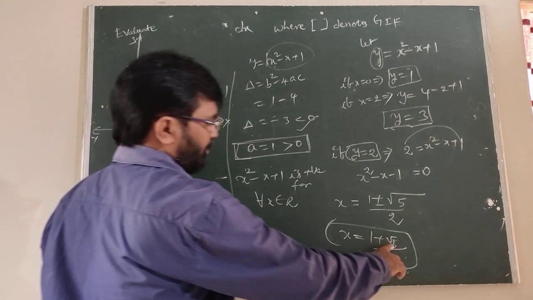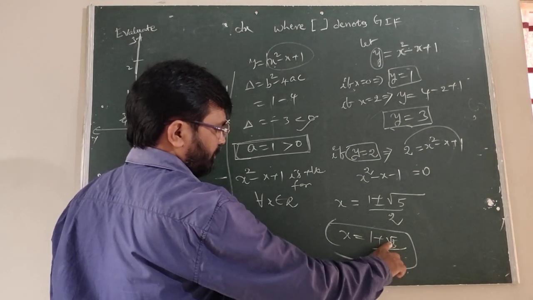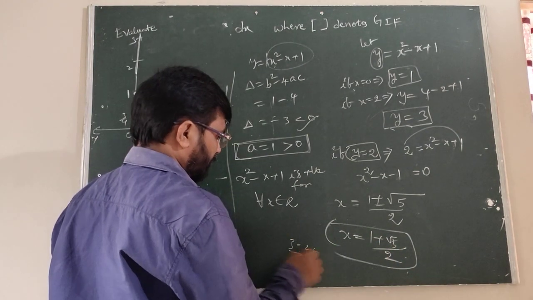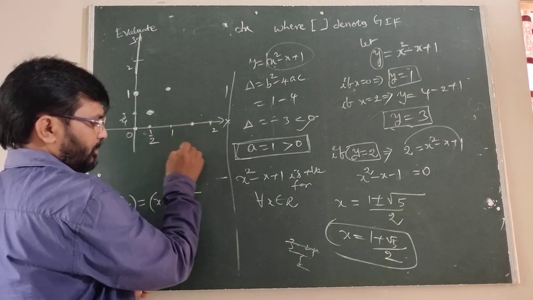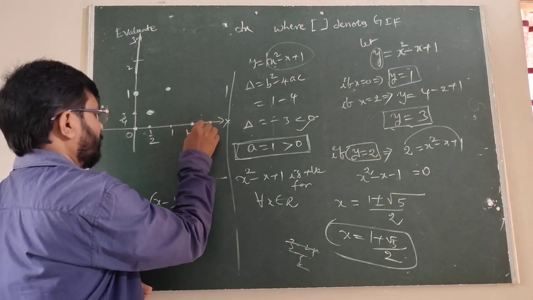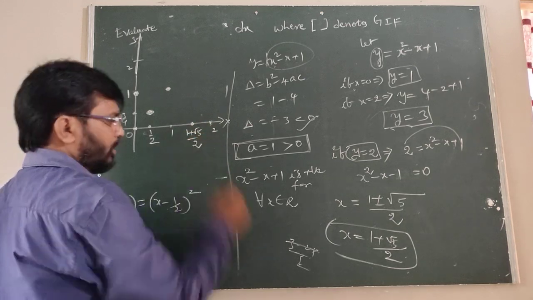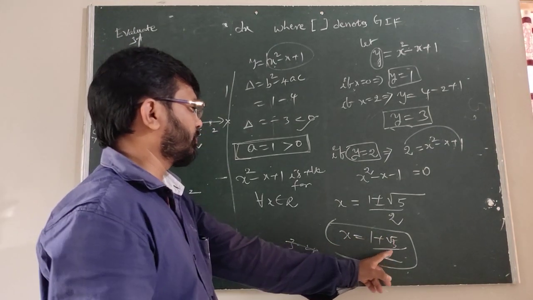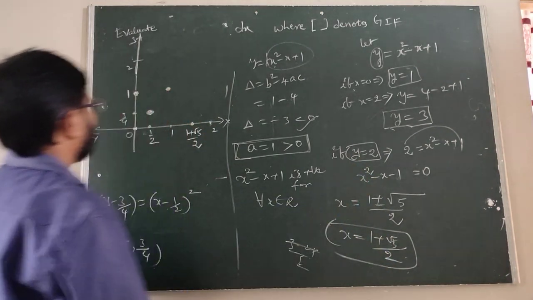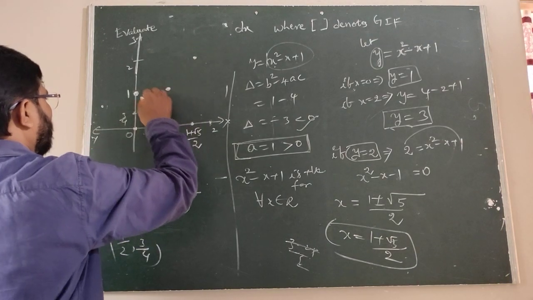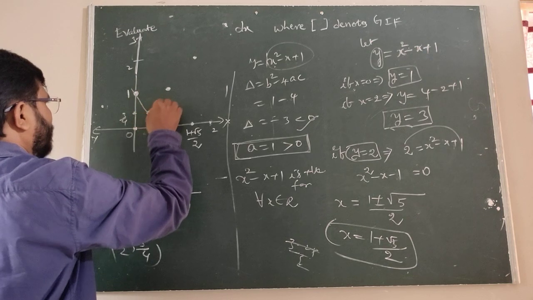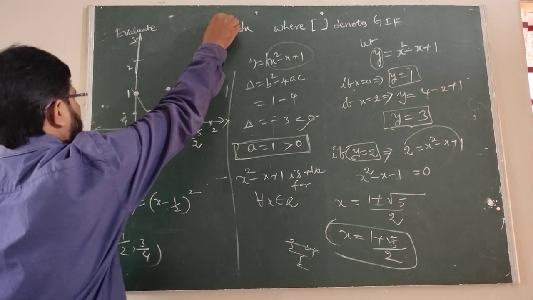The root 5 is approximately 2.25, so this is 3.25 by 2. Undoubtedly, this is 1.5 something. Therefore we can write this as 1 plus root 5 by 2. When we are taking x as 1 plus root 5 by 2, y must be 2. So our graph, the graph of the parabola, is this one.